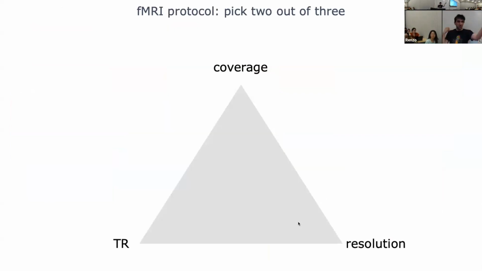But we cannot really do both at the same time, right? We have either resolution or coverage, or you can focus on a few voxels and sample them very, very often. So as soon as you want to push one of those parameters, you need to make sacrifices with the other ones. And I would like to give you a few ideas on where the field stands with respect to pushing either one of those, starting with coverage.